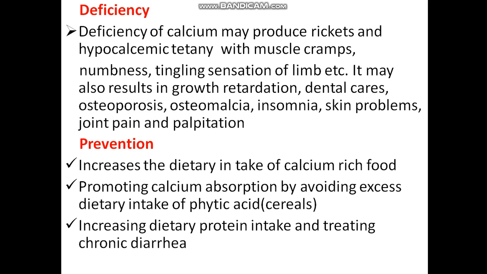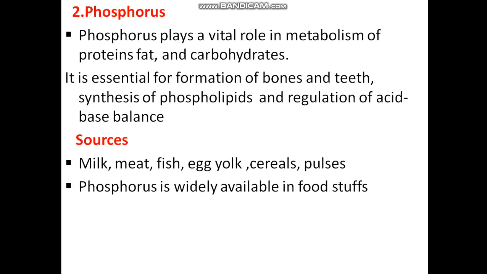Phytic acid is a substance seen in plants. Primarily, the phosphorus is stored in the form of phytic acid. For example, in cereals, the phosphorus is stored in the form of phytic acid. Then, increase dietary protein intake and treat chronic diarrhea.